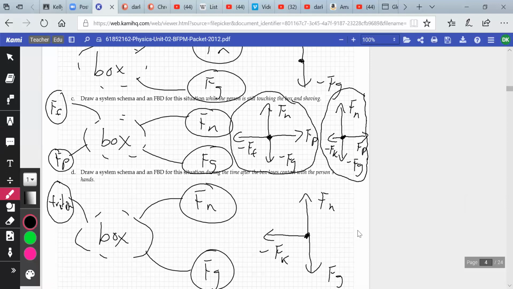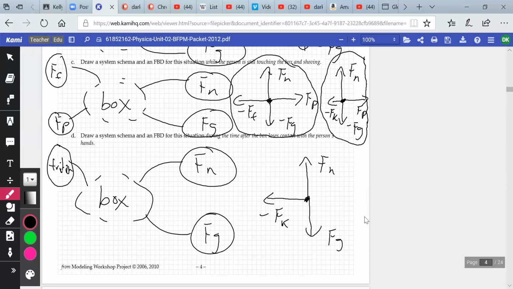Mr. Kelly, is the K in FK the constant for the rubber? No, this is kinetic friction. Oh, sure, yeah. I will just call it friction force for now, because we will make the distinction more clearly when we talk more about friction. But yeah, since it's moving, the type of friction that's there is kinetic friction, the moving friction.